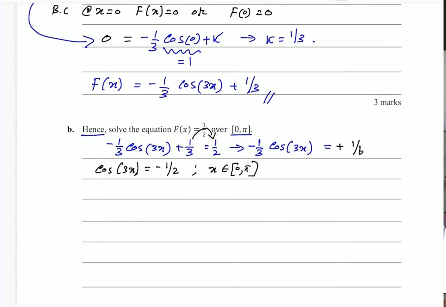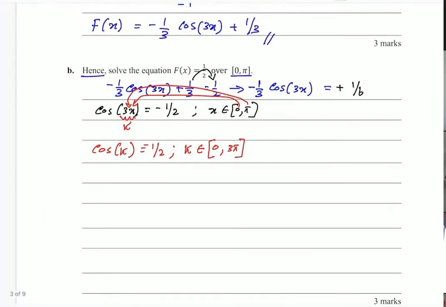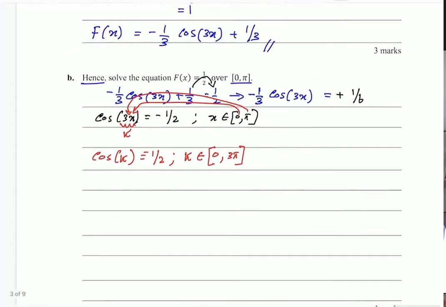Before that, if you have a complicated inside, you do a substitution. So you get cos k is equal to minus half, where k is 3x. Now you put 0 here, so it's going to be 0, and you put pi here, so it's going to be 3 pi. How many marks here? 3 marks. Yes, reasonable.